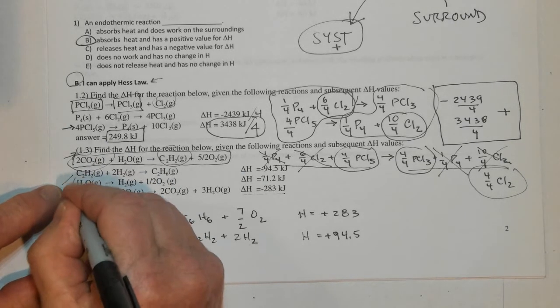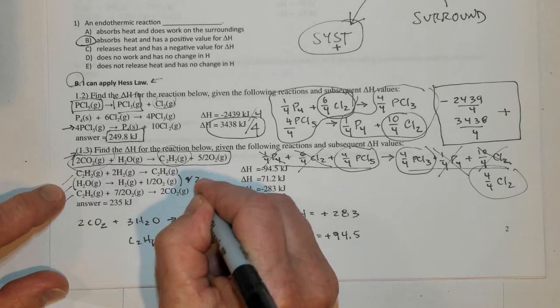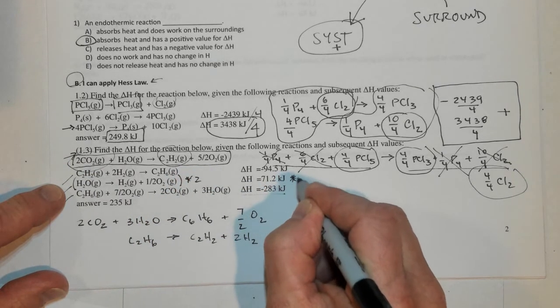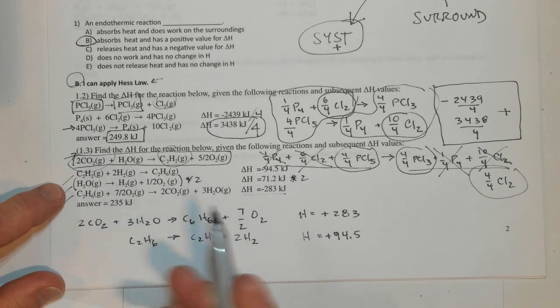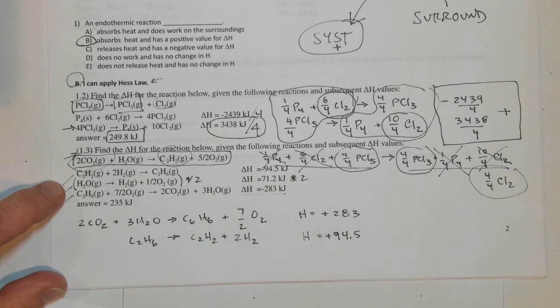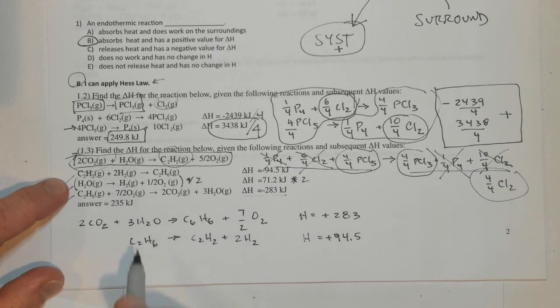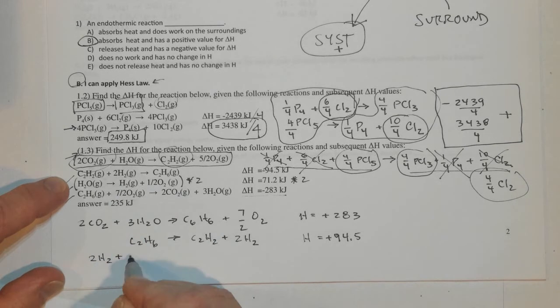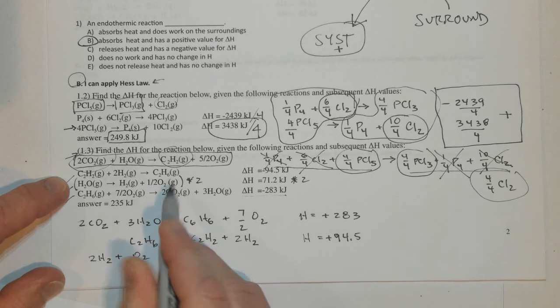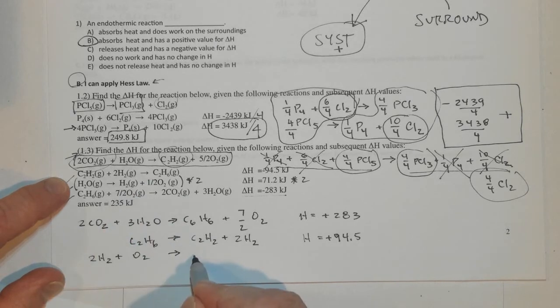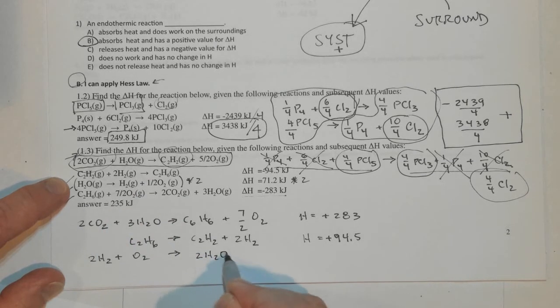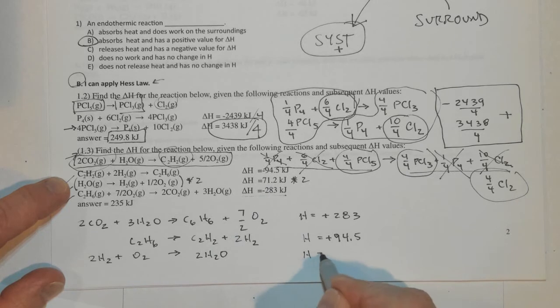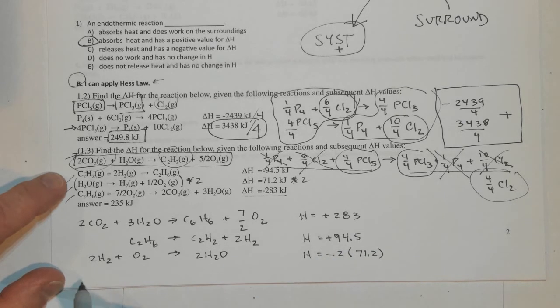So I'm going to double this reaction, and if I double this reaction, I'll also have to double the enthalpy, and then don't forget when I flip it around, I'm also going to have to make this negative. So this one would be 2H2, remember I'm doubling it, plus O2, arrow, keeping the arrows lined up, and then that goes to 2H2O. And then my enthalpy for that would be 2 times 71.2, and don't forget it's going to have to be negative now since I flipped that around.